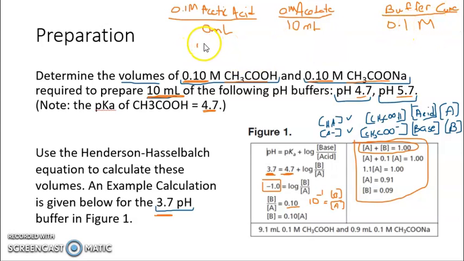If I have 10 mils of acetic acid and 0 mils of the sodium acetate, my solution is still 0.1 molar in acetate. And if I have 50-50, 5 mils, 5 mils, my final concentration is still 0.1 molar in acetate.